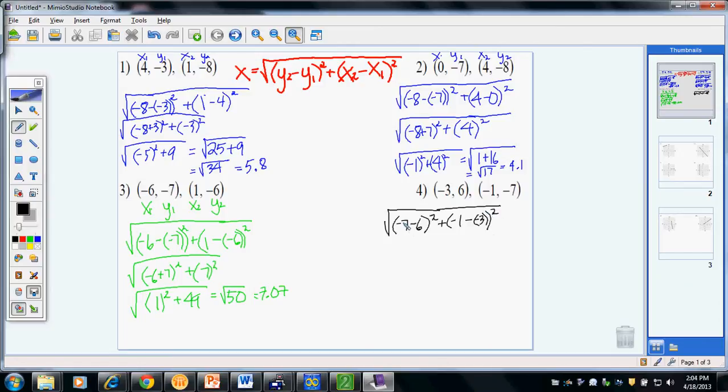So negative 7 minus 6 is negative 13 squared plus negative 1 minus a negative 3, which is negative 1 plus 3, which is going to equal 2.